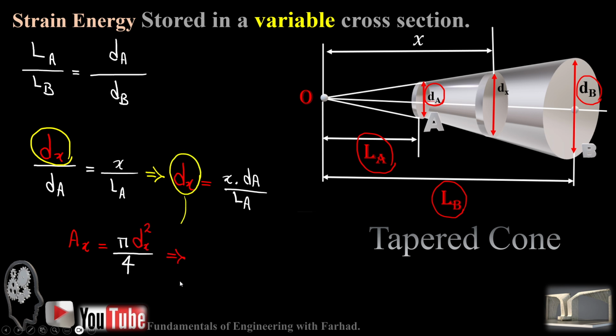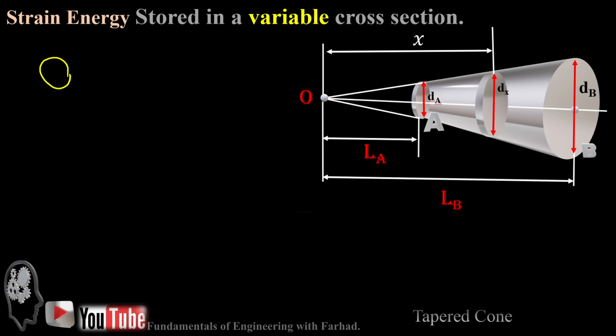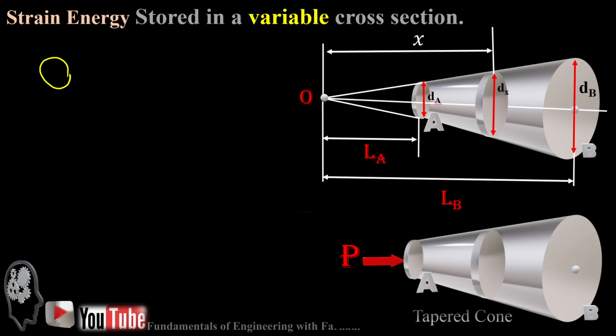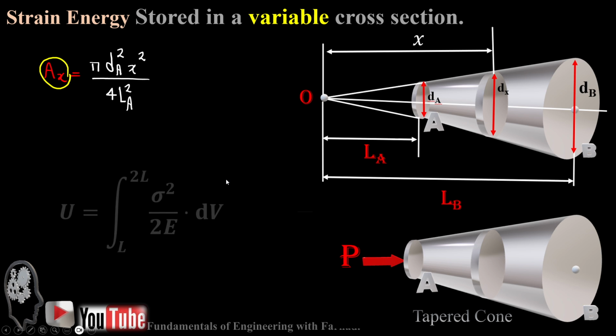As soon as we have our area in terms of the parametric cross-section, then we can just jump to the formula for strain energy and replace the parametric format of our area Ax, which is pi dA squared times x squared over 4 LA squared, the length of the first one squared.